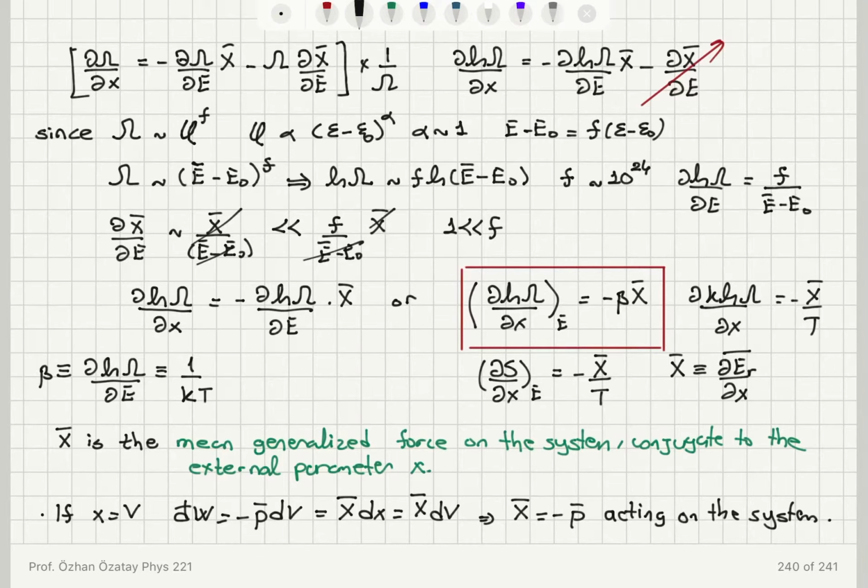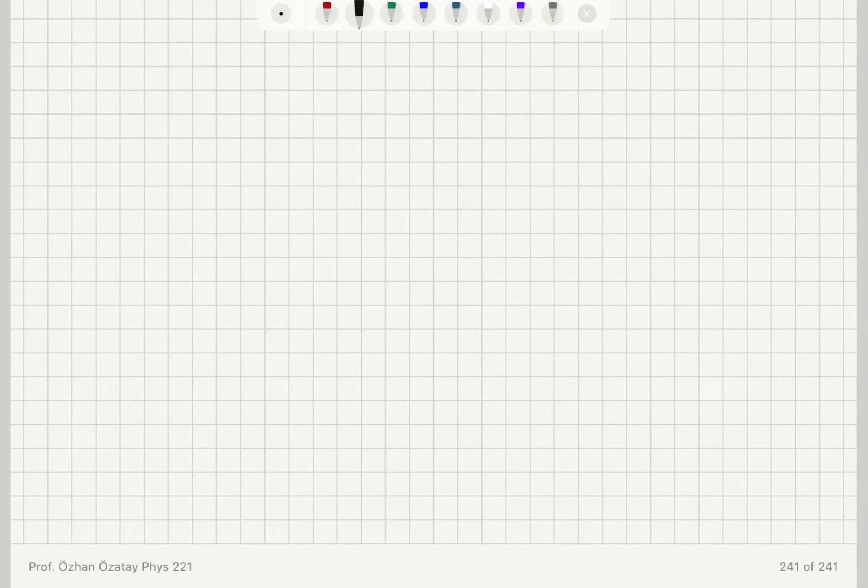All right. Now, according to our derivation, the derivative of natural logarithm of omega with respect to our external parameter V under constant energy is minus beta X bar. So that's equal to beta times P bar, mean pressure.